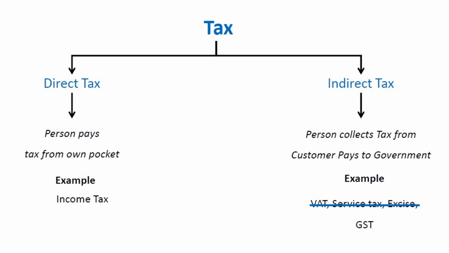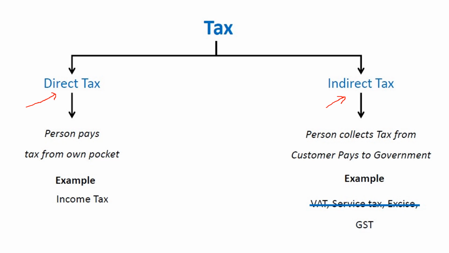Now let's discuss the same with a simple diagram which is showing the tax types. Okay, on the first hand there is a direct tax, here you can see, right? And on the second hand there is an indirect tax, correct? In direct tax, what happens?